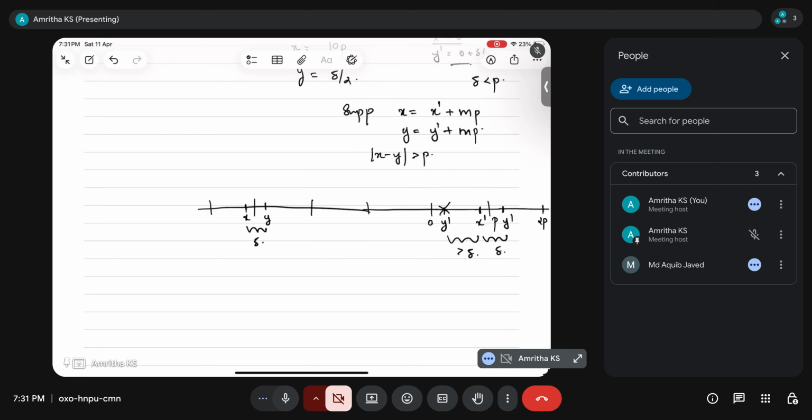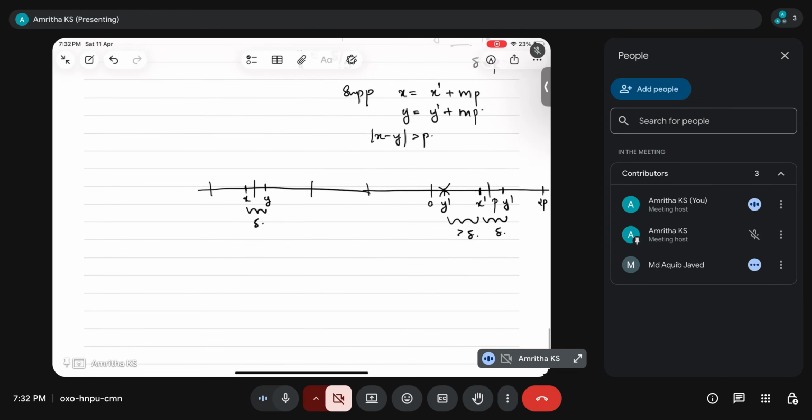But how can you be sure that some y dash is there so that x dash minus y dash is less than delta? How are you sure that y dash can be chosen so that x dash minus y dash is less than delta?